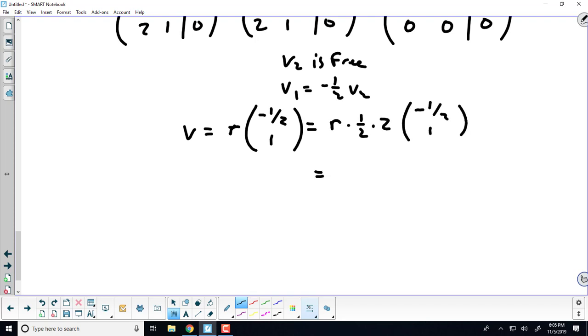Then we bring that 2 inside the vector, so we've got 1/2 r times negative 1, 2. But r stood for an arbitrary number, so this would still be r times negative 1, 2. I multiplied both components by 2, and that still gives me the same span.